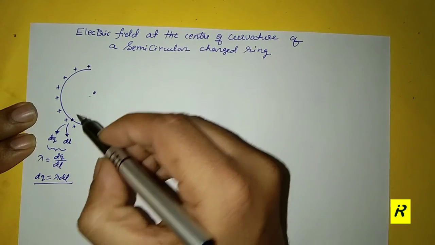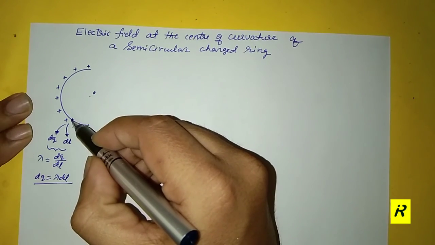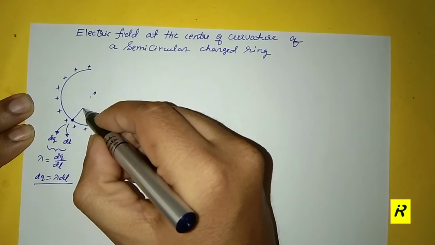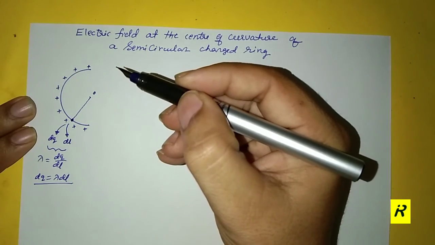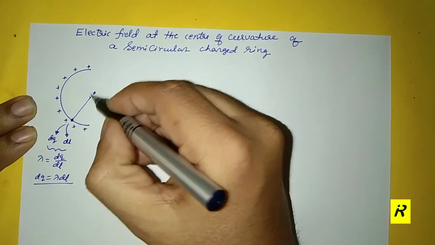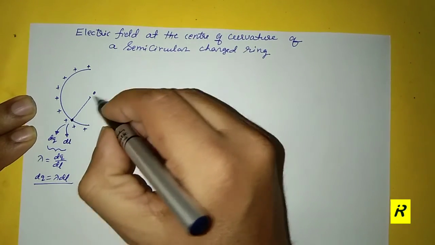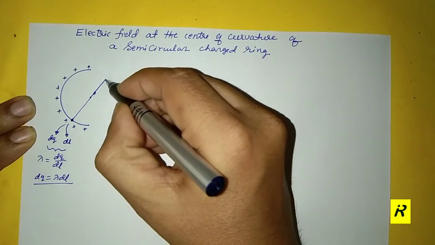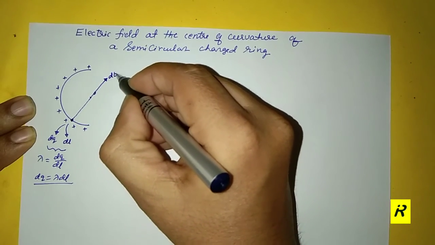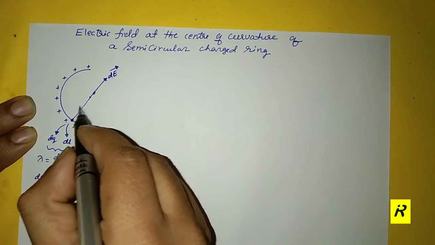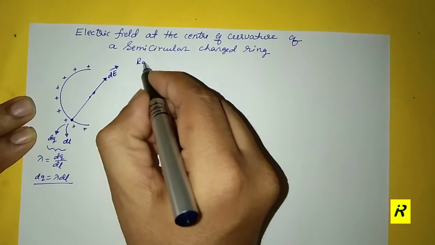Now, from this small charge element, I can simply draw a line like this to the point O. And at that point, the electric field due to this much charge dq will be in this direction, and this electric field is dE. If r is the radius of this semicircle, right?